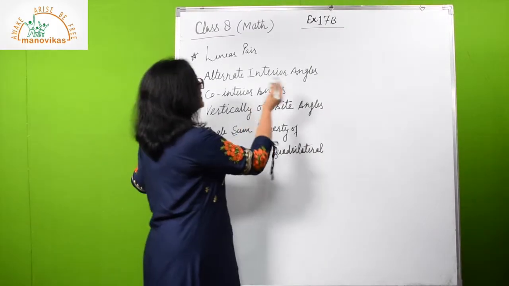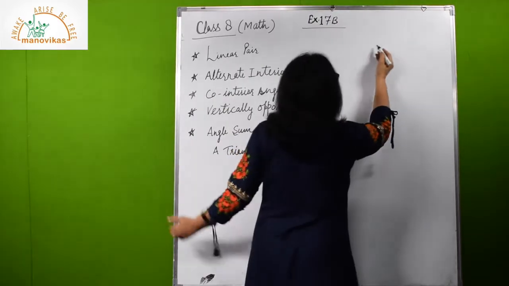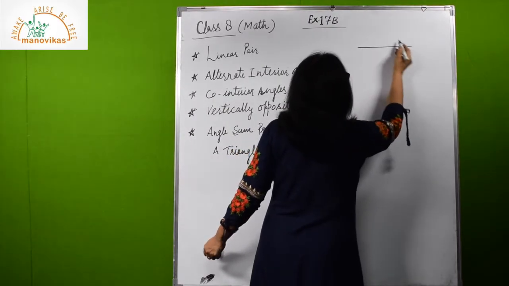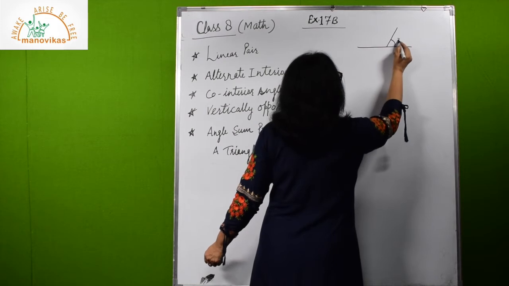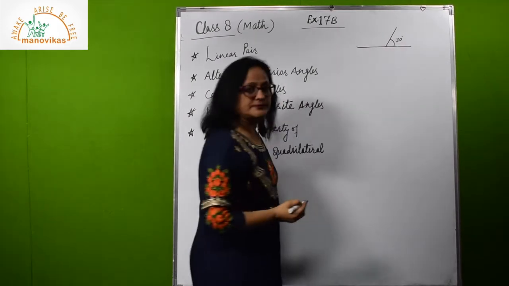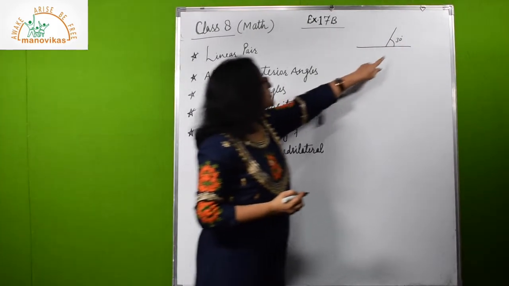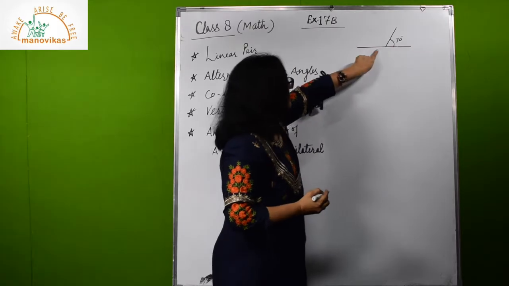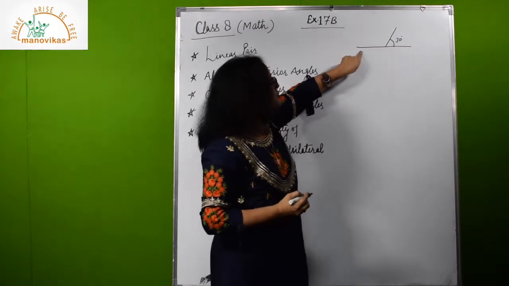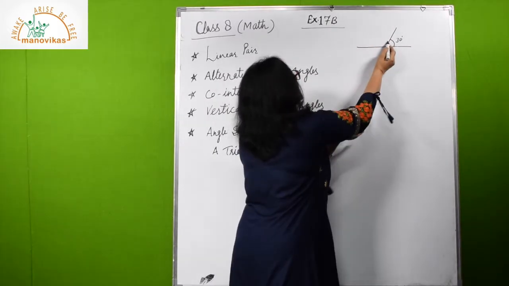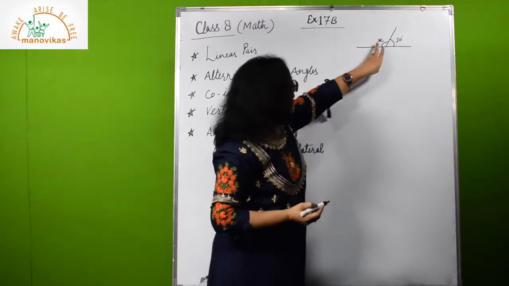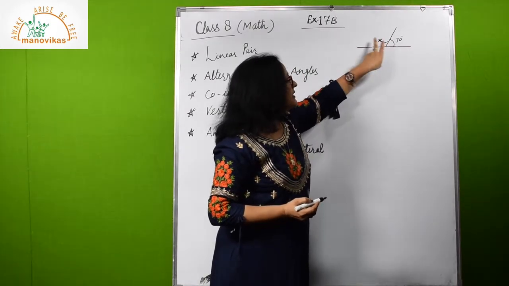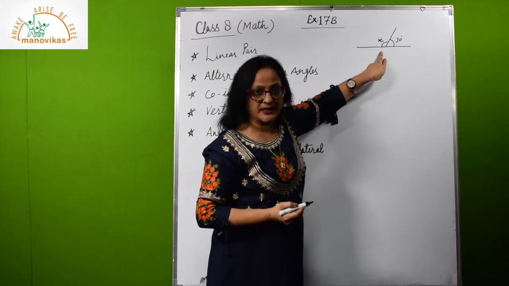And what is a linear pair? I will explain that also here. Suppose this is a line and this is another line that is forming an angle 30 degree. Okay, so this is 30 degree and this is a straight line. So one angle is 30 degree, and if we take this angle as x, so x and 30 degree, they both are forming a linear pair.